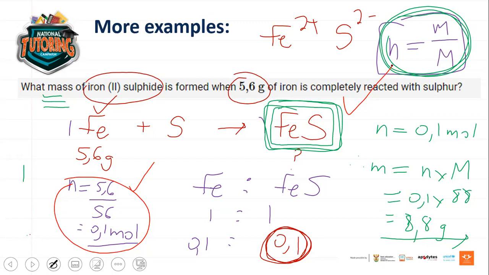Then you've got to work out the number of moles of your iron sulfide, which will only be about 1 mark. Then you're going to work out the mass, which would probably be 2 marks because you've got to work out the molar mass as well. So 1, 2, 3, 4, 5, 6, at least 6 marks. It could even be more, depending on where they allocate the marks for your calculations, but at least 6 marks.